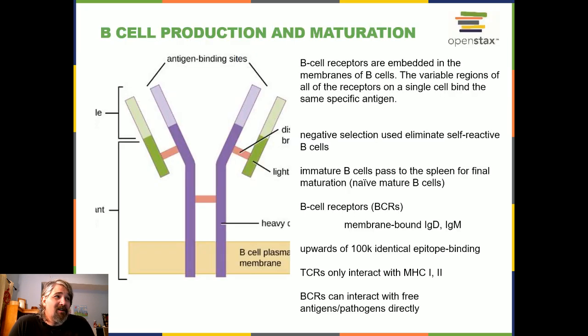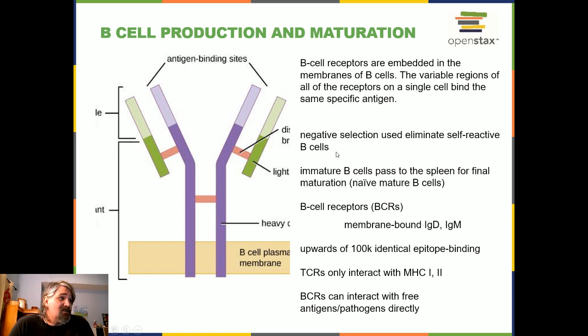Okay, so B cell production and maturation. So B cell receptors are naturally embedded in the membranes of B cells. The available region of all the receptors on a single cell bind the same antigen. So remember we have that membrane-bound IgD, IgM, and these binding sites here are for the same thing, the same epitope.